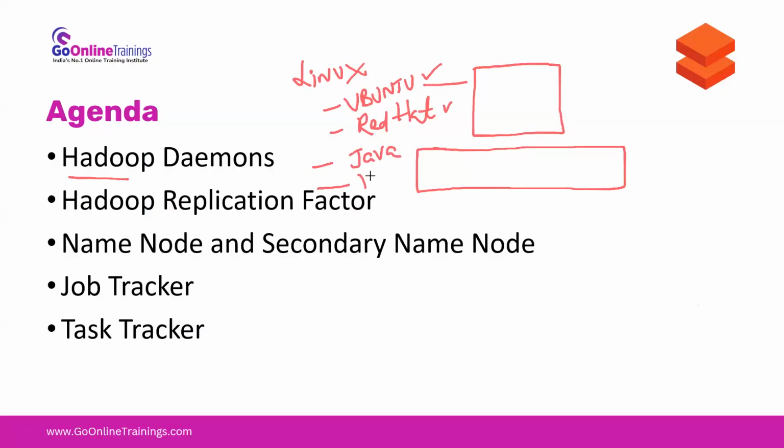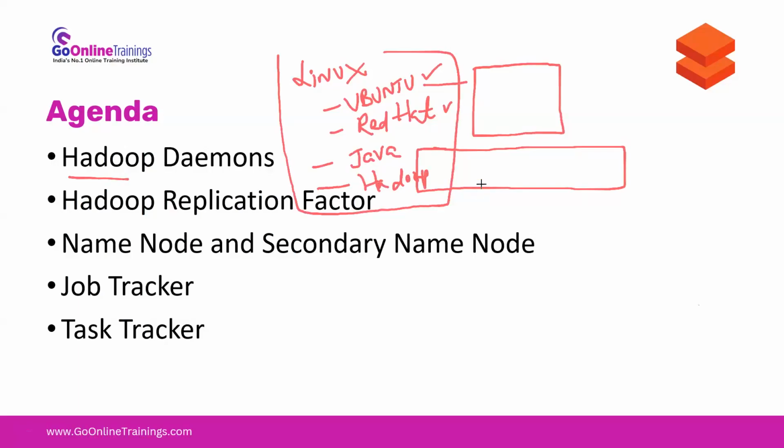Then you have to take and install Hadoop. The Apache company is going to be giving you free Hadoop software that you need to install. Clear? So these many things you need to install if you want to run your Hadoop cluster.